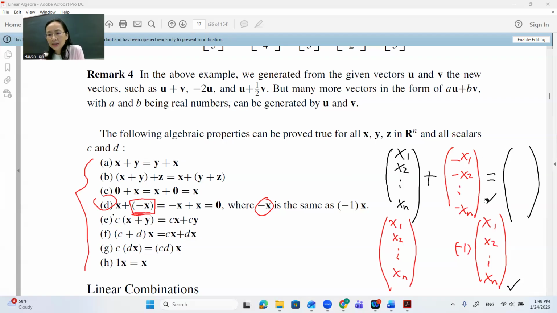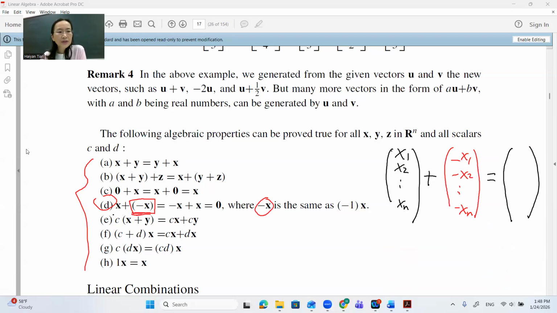We're applying the sum of two vectors, right? By definition of the sum, we simply add corresponding entries. So we have x1 plus negative x1, x2 plus negative x2, etc., xn plus negative xn.